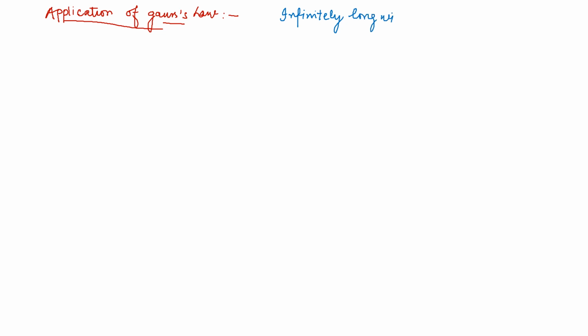So what we are looking at here is the application of Gauss's law, and the case we have considered is the case of an infinitely long wire. So see the diagram over here.